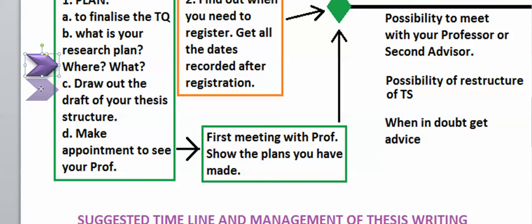Draw out a draft of your thesis structure. A thesis structure is very important so that you can see how your paper looks physically, visually.